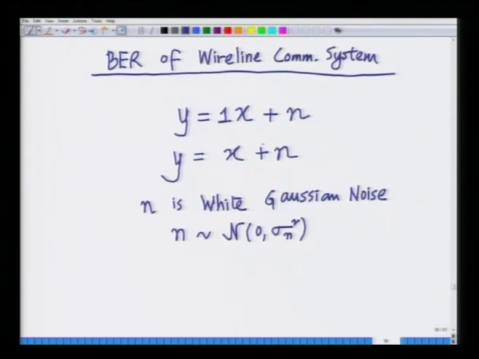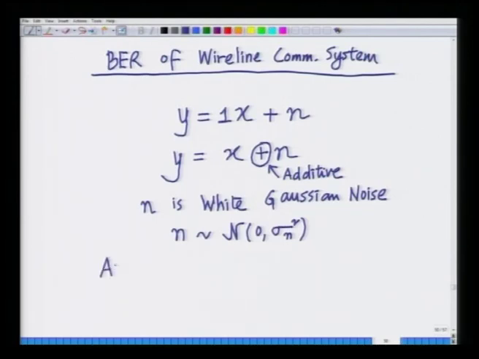This noise is an additive noise, this plus symbol. Hence, I have my signal x, my noise is adding onto this transmitted signal x, and this noise is white Gaussian noise. Hence, this channel also has another name.